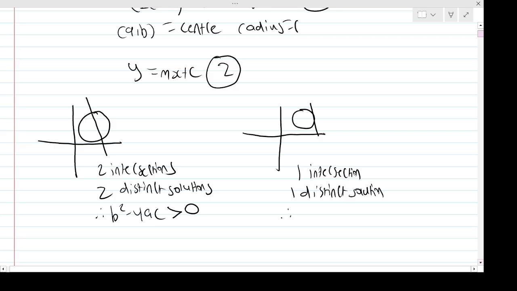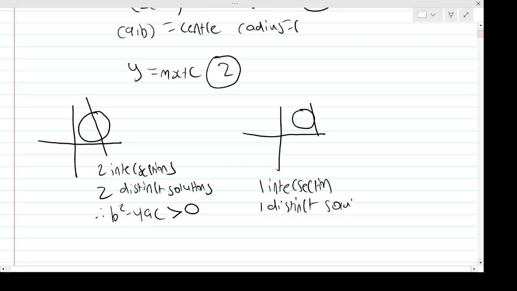Actually, I'm going to move this over here because I want to make room for the last diagram as well. So we would have one intersection, which means one distinct solution if we were to solve the simultaneous equations. Now, if there's one distinct solution, that means that the discriminant would equal 0 in this case, okay.